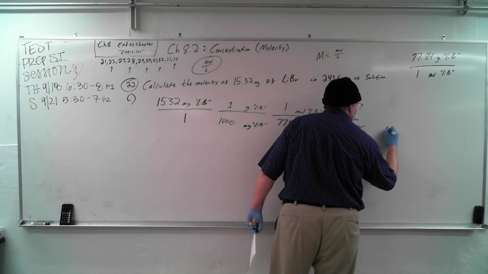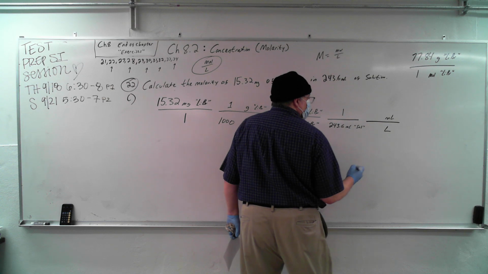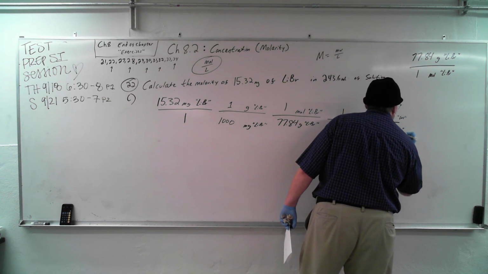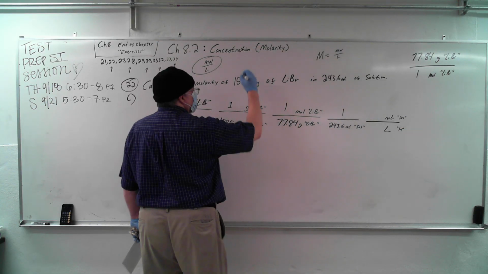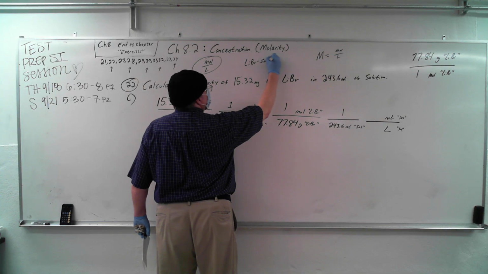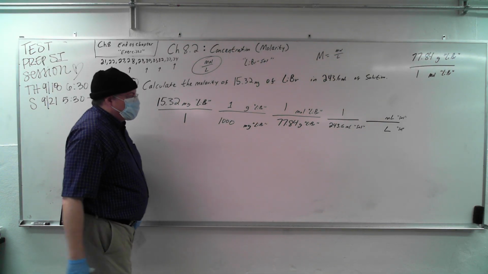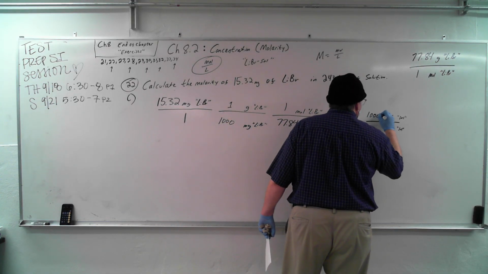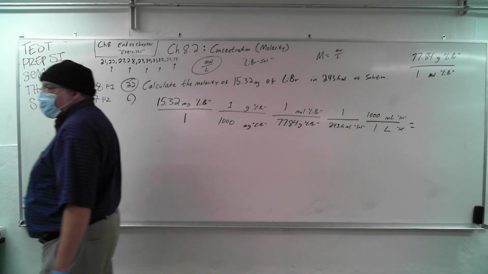I need liters on the bottom. If I get milliliters on top, it will cancel. 1,000 milliliters to 1 liter, and that'll do it. That'll cancel down to moles per liter.